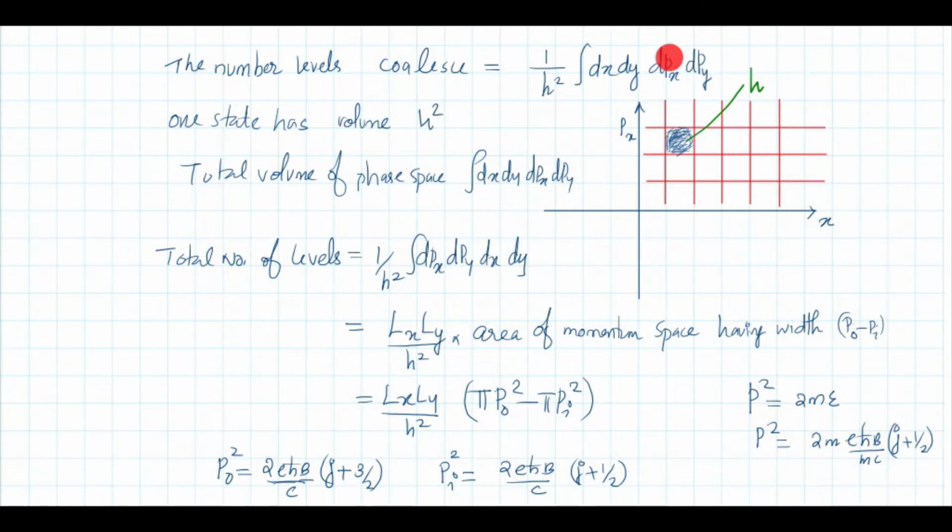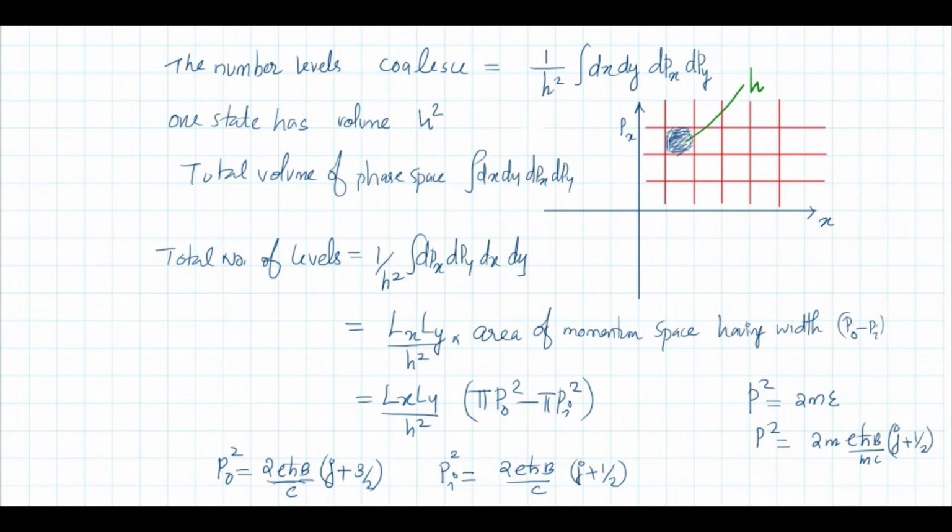But the volume of phase space will be dx dy dpx dpy. Integrating that over the allowed region, you will get the total volume. Divide by the fundamental volume. In 2 degrees of freedom, the fundamental volume will be h². For 1 degree, it is h raised to 1. For n degrees, it will be h raised to n.